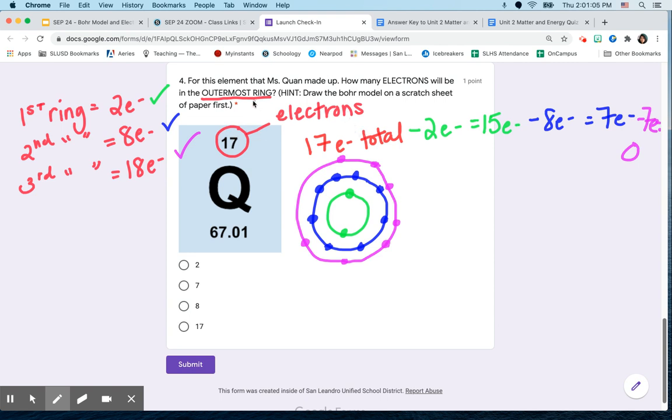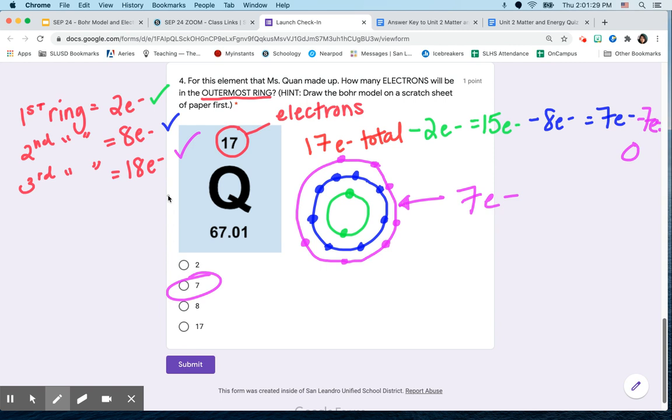Now I can answer the question, how many electrons will be in the outermost ring? So this is my outermost ring in magenta, and I drew 1, 2, 3, 4, 5, 6, 7 electrons. So how many electrons will I have in the outermost ring? 7.